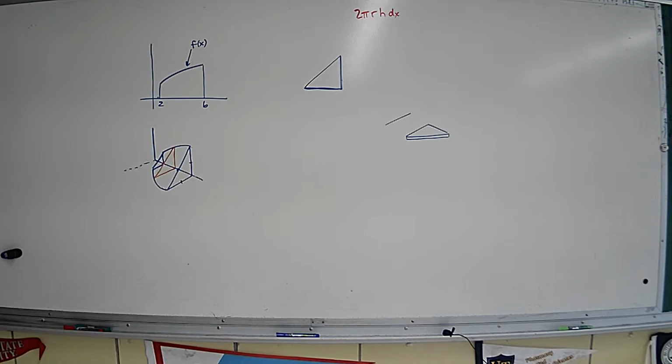Consider that the triangle has a 90 degree angle, an isosceles right triangle. That's the volume of one slice.